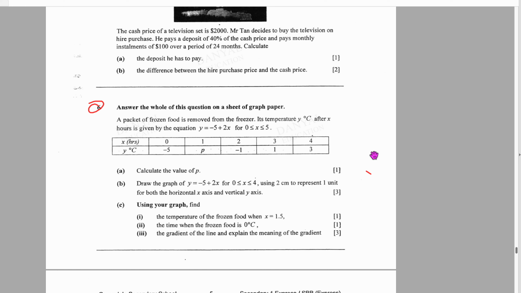Okay. Then after that you just label this as your y equals -5 plus 2x. Okay. And then I'm going to talk about part C part 1.